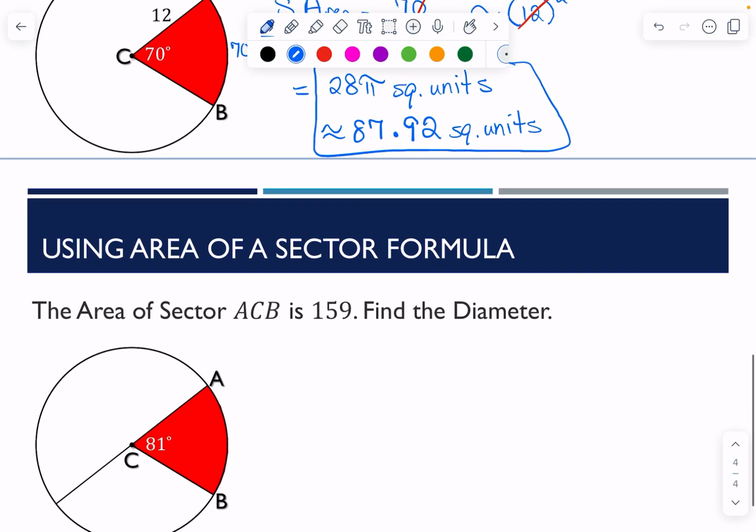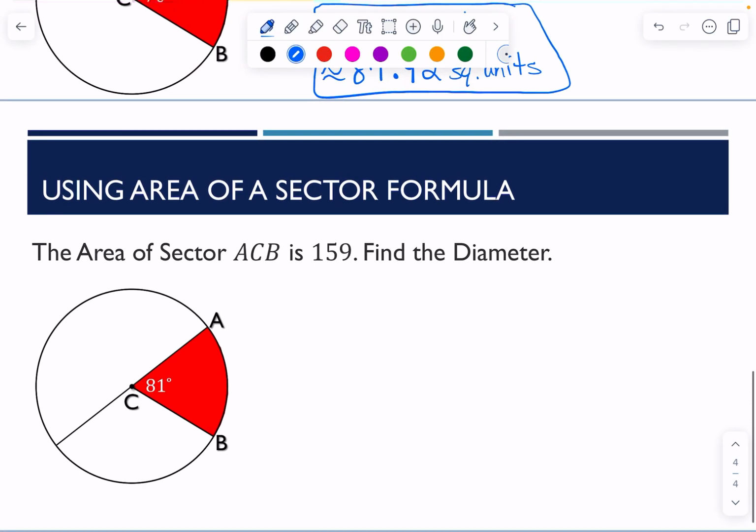Okay, so let's try another one. If the area of the sector ACB is 159, find the diameter. Well, we're going to use that same formula that we just had. So remember, the sector's area is equal to the measure of the arc over 360 multiplied to pi radius squared, the area.